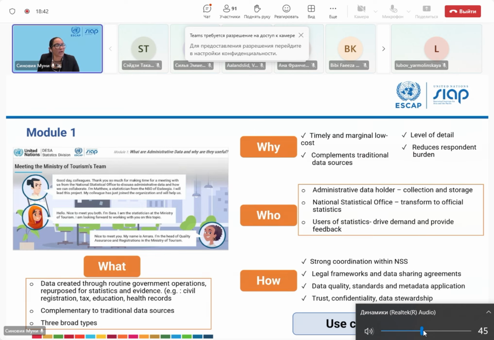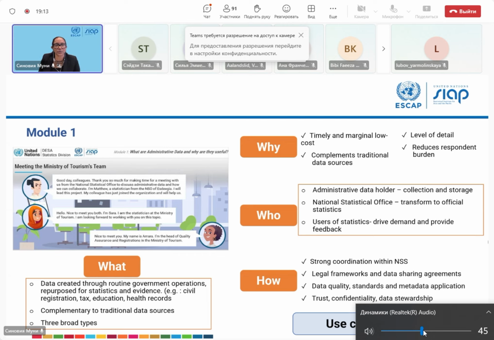We also look at elements of data quality, adherence to statistical standards, and maintaining trust and confidentiality. And other key aspects related to the production of official statistics, such as compliance with principles of data production and comparability. And in the module, we also have a few case studies that you can use to see how that is done in practice.